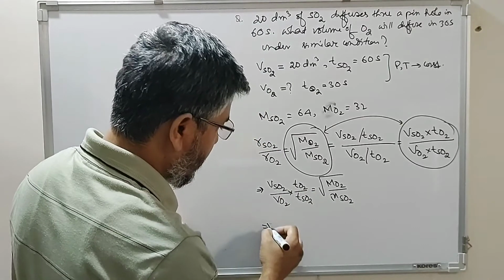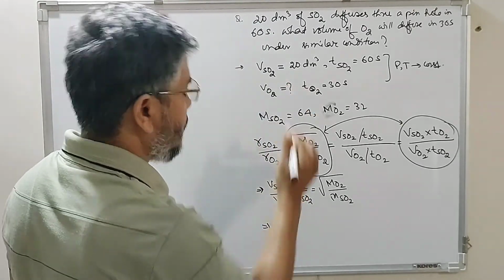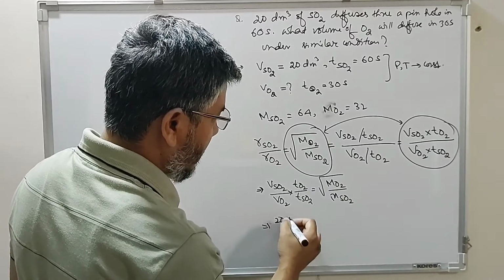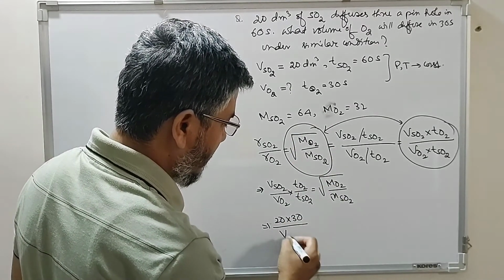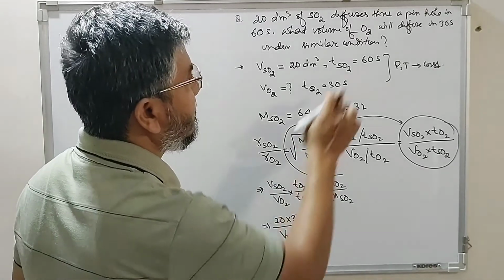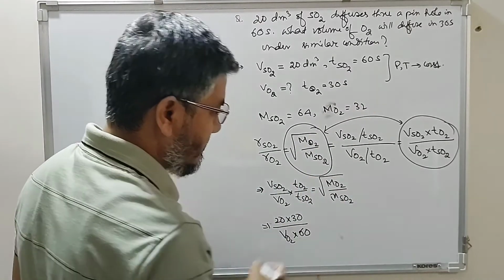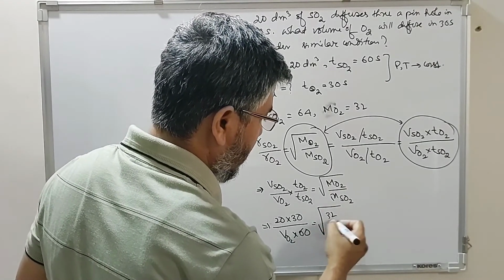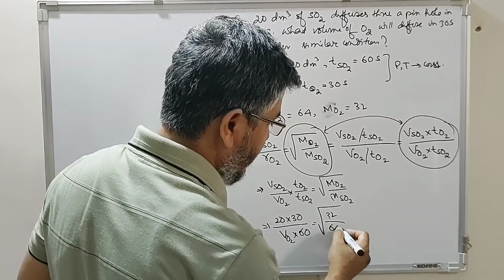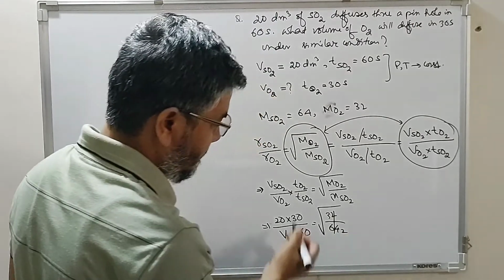So use the values. Volume of sulfur dioxide is 20 decimeter cube. Time of oxygen is 30 seconds. We have to find the volume of oxygen. Time for sulfur dioxide is 60 seconds. Molar mass of oxygen is 32, and sulfur dioxide is 64, so we have the square root of 1 by 2.